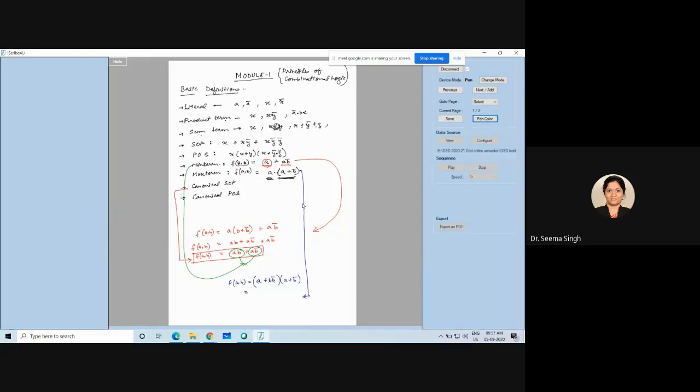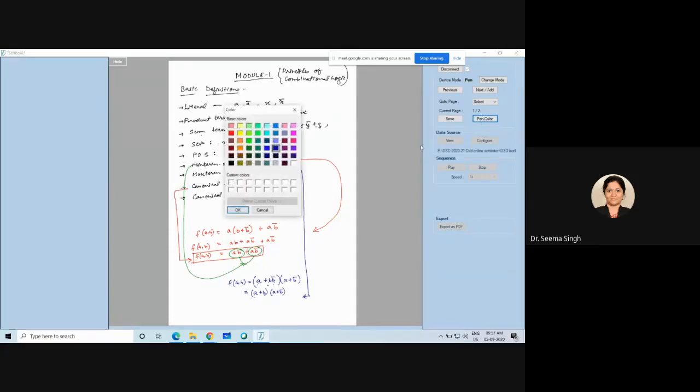All of you please see it carefully, because I have seen your seniors doing mistake in this. A need to be distributed to B and B bar. So it becomes A plus B, so A distributed to B. Now next will be A plus B bar, so it is distributed to B bar. So I can now show you what is happening.